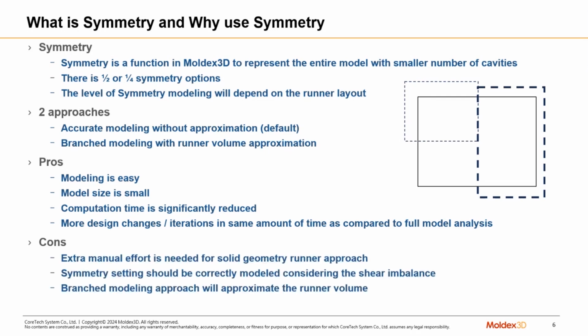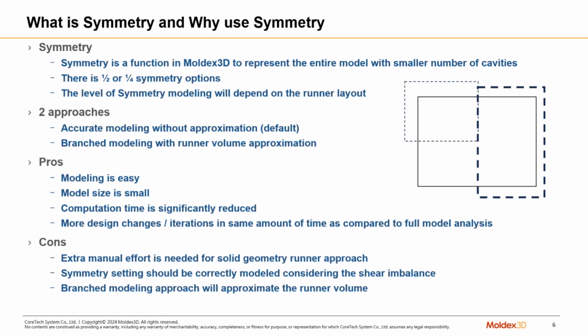There are some cons to it. Yes, extra manual effort is needed for the geometry runner approach, which we're going to talk about, but it's going to be minimal. It's not going to be too much. It's still going to save you a significant amount of time compared to running the simulation on the complete mold. Right. And symmetry settings should be correctly modeled considering the shear imbalance. We're going to focus on this because this is important.